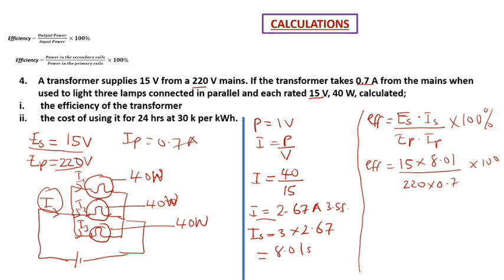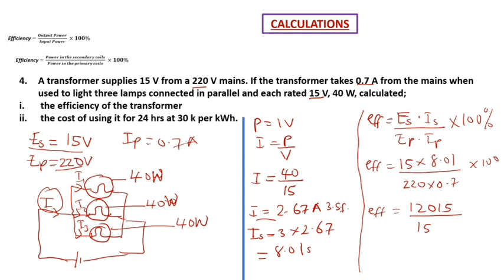Just multiply the numerator and also the denominator. So that's going to give us 15 times 8.01 times 100, which is equal to 12015, divided by 220 times 0.7. That's going to give us 154.